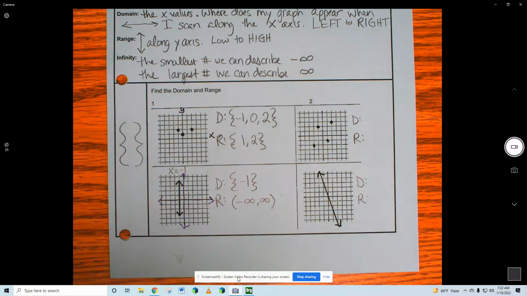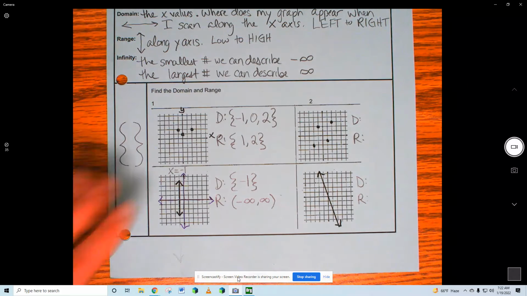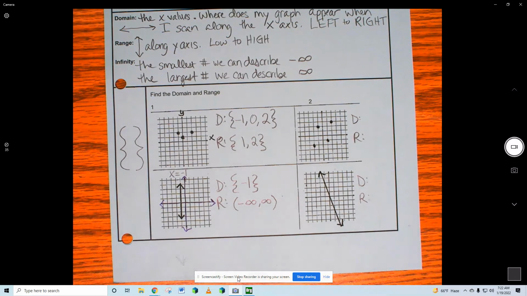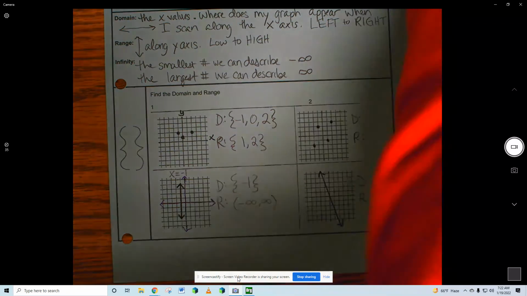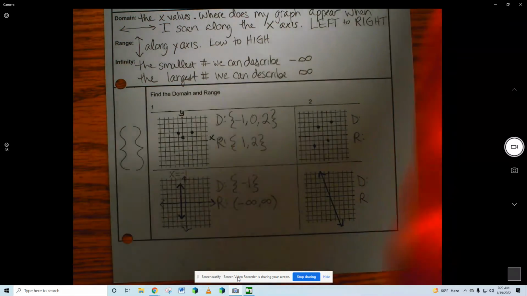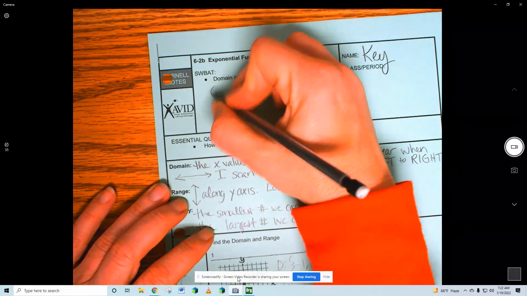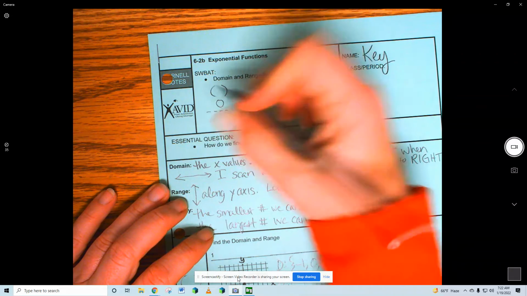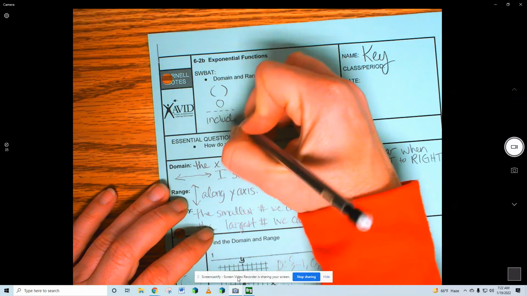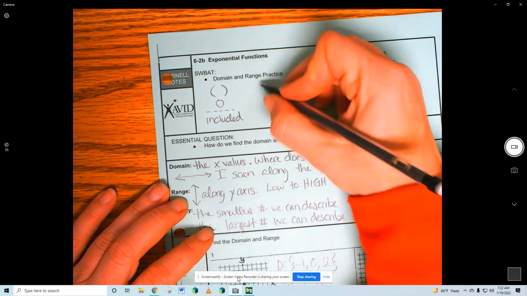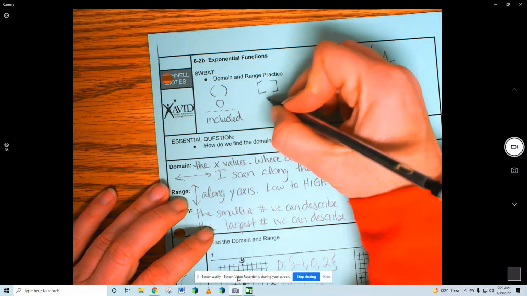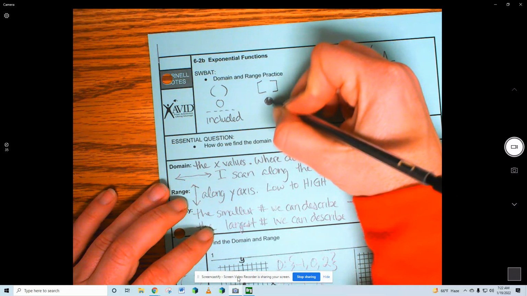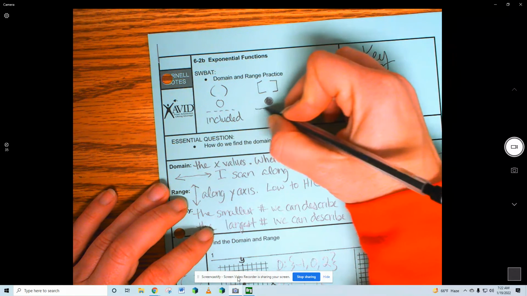A bracket is for when something touches a line, like a parabola or something. I'll show you on some of the homework problems. We're going to use a bracket for some things. So real quick, parentheses is like an open circle or a dashed line on a graph, and it means excluded. We've done this before, but it's been a while. Bracket is a closed circle, it would be a solid line.